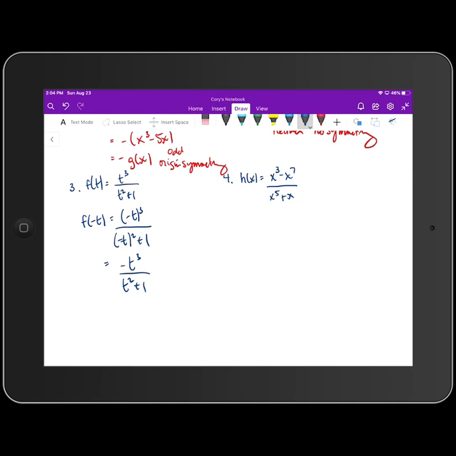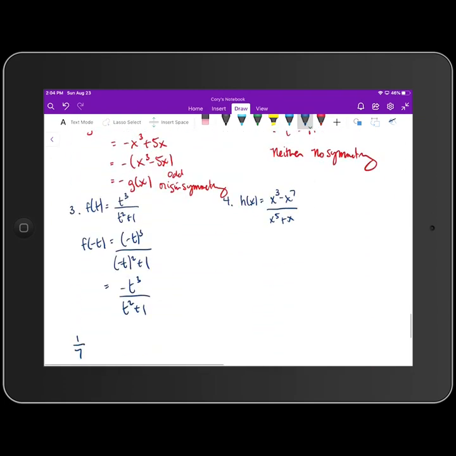So it's pretty clear that this function is not even. It doesn't give us the original function we started with. Let's check and see if it's odd. But before I do that, let's talk about fractions really quick. Let's say we have the fraction 1/7.